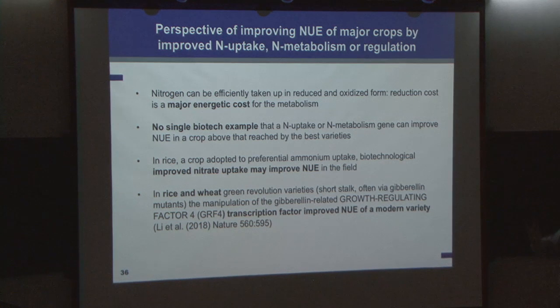What is important? Well, the first thing is just a physiological statement that nitrogen can be taken up as ammonium and nitrate, and when it's nitrate, it has to be reduced to ammonium, and this is a major energetic cost. Okay.